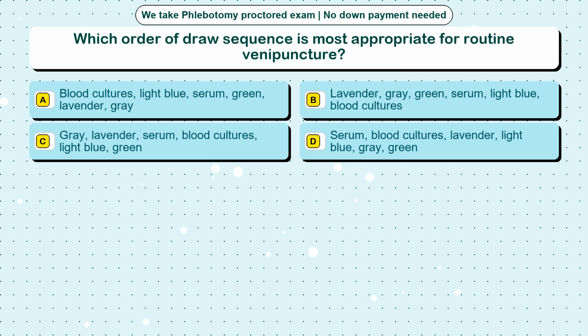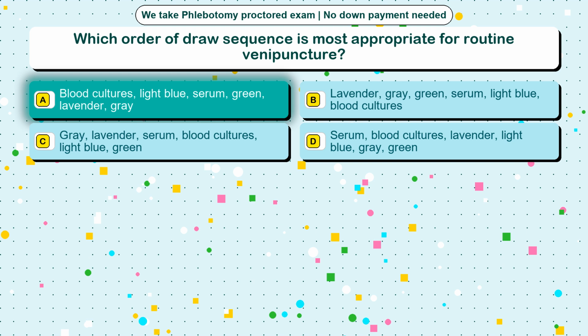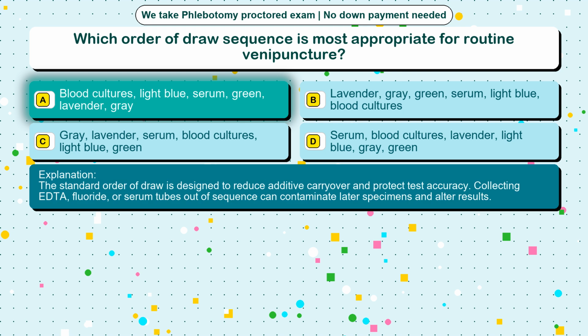Option D, serum, blood cultures, lavender, light blue, gray, green. The correct answer is option A. Blood cultures, light blue, serum, green, lavender, gray. The standard order of draw is designed to reduce additive carryover and protect test accuracy. Collecting EDTA, fluoride, or serum tubes out of sequence can contaminate later specimens and alter results.